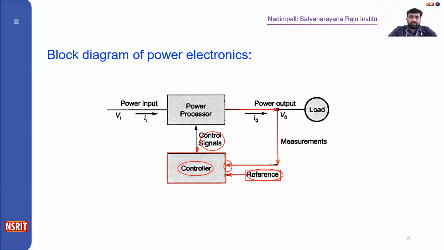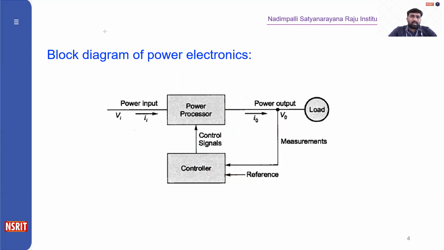So this controller will generate the control signals or command signals to the power processor unit. Accordingly, the power processor unit will operate. So this is the complete block diagram of power electronic devices.